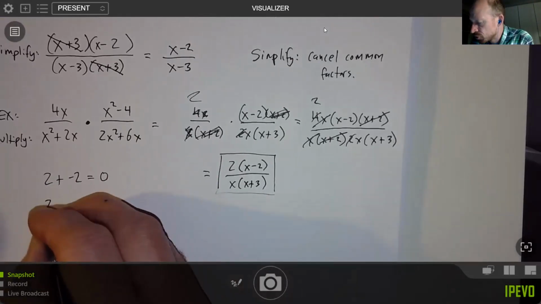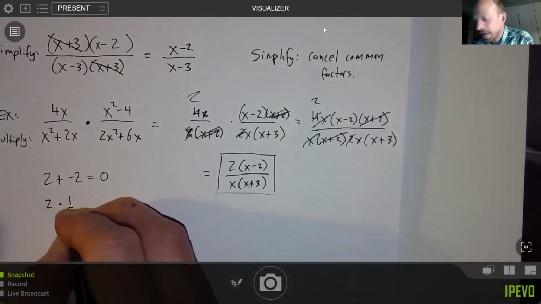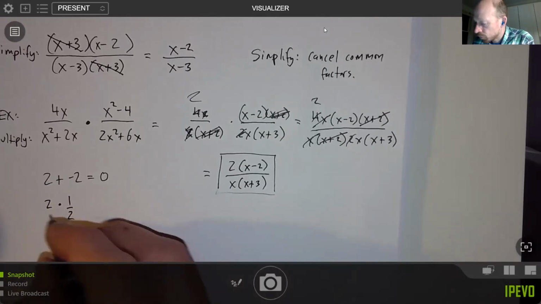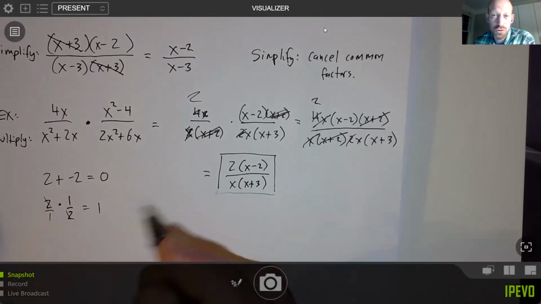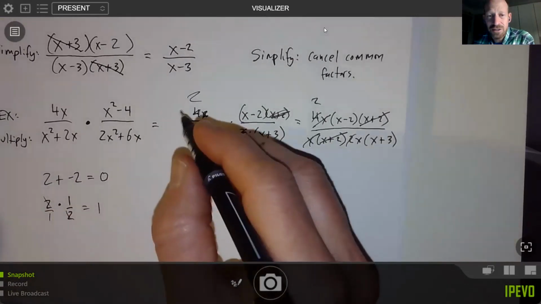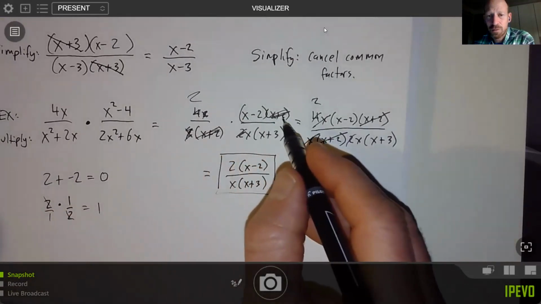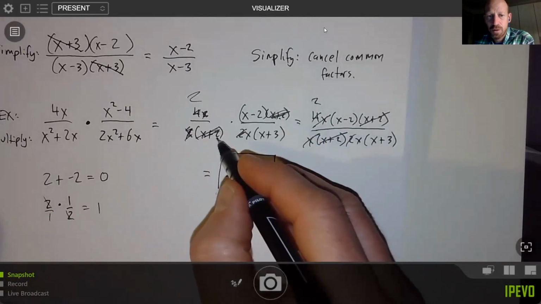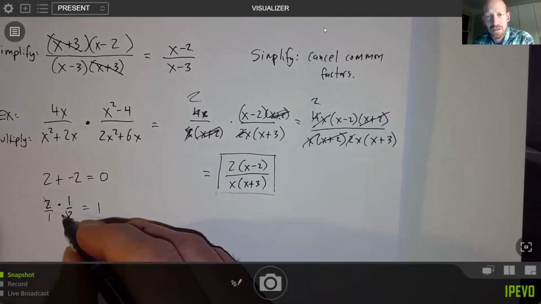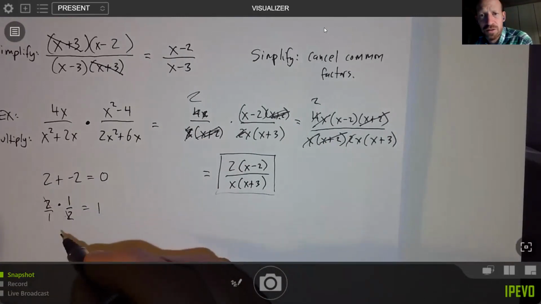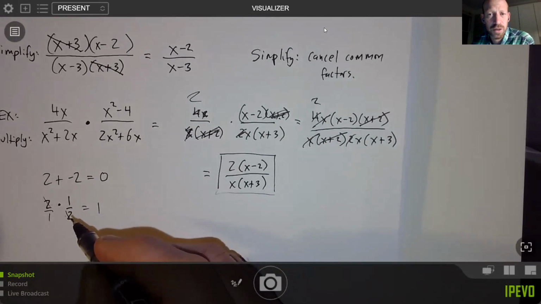So 2 times 1/2, right? Those cancel each other out or neutralize each other. So that's actually what's happening here when I cancel between the top and the bottom. It's the same idea as this, that the reciprocals cancel each other out when you're doing multiplication. Does that make sense?